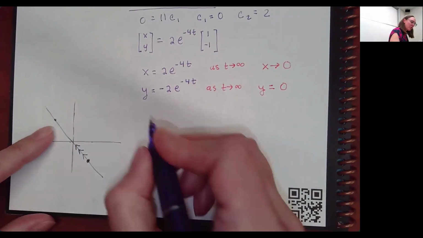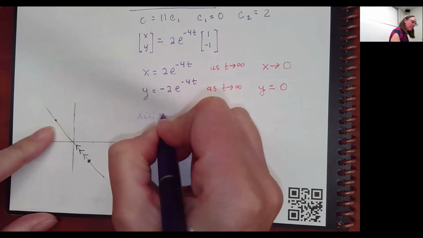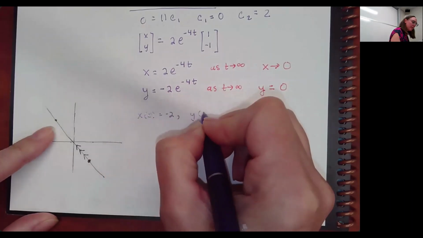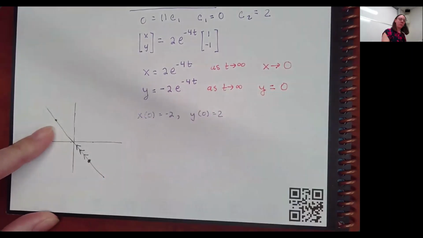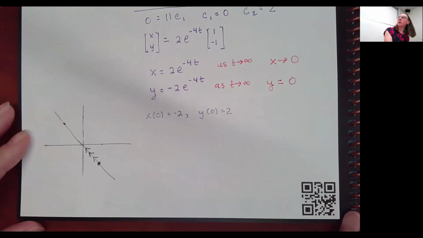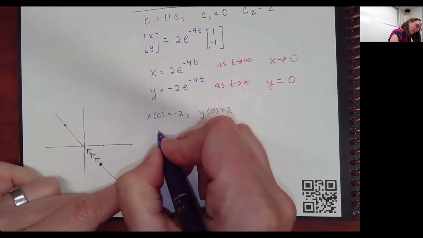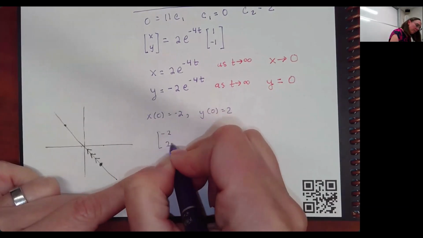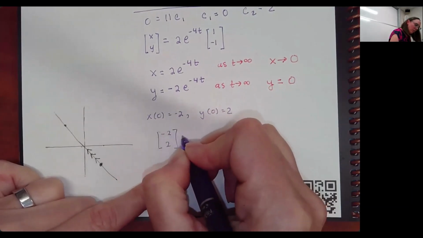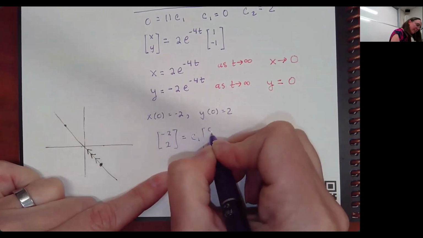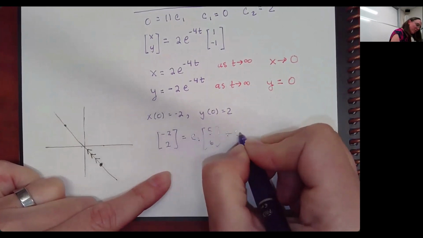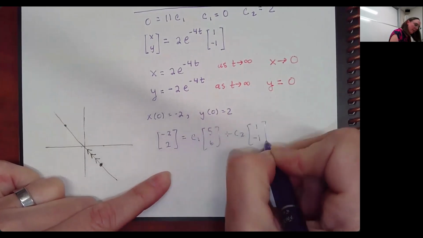So if I chose my initial condition to be -2, 2, then when I plug that in to solve for C1 and C2, now I have -2, 2 is equal to C1 times 5, 6 plus C2 times 1, -1.